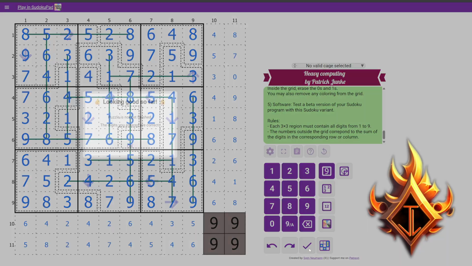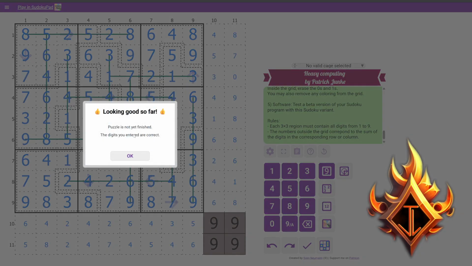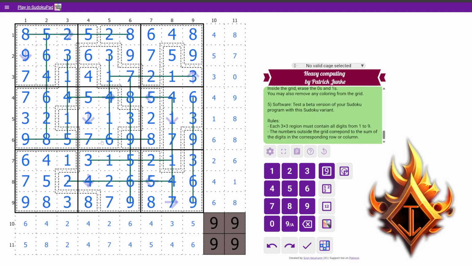Let me check here. Okay. I assume that this is correct. I don't know for sure. Usually it has to pop up and says how many people have done it and whatnot, but I think that it is good.